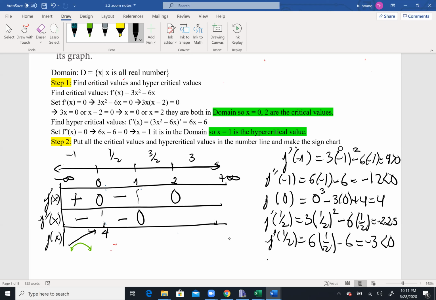And then I'm going to say for f(x), because the first derivative is negative, f(x) has to be decreasing. Also, the second derivative is negative, so it has to be concave down, right?